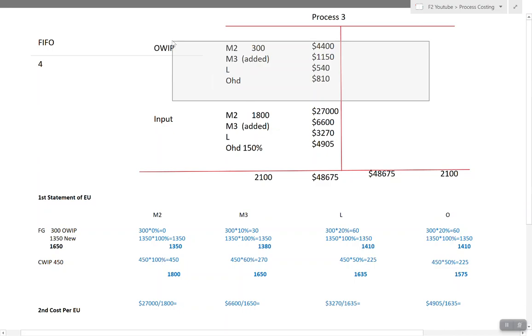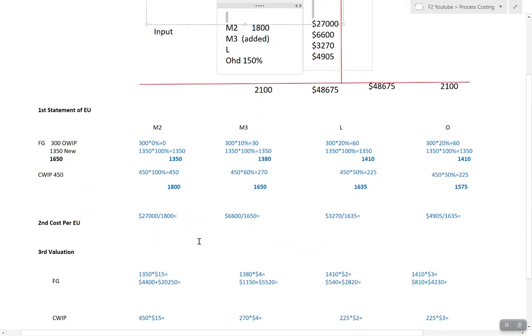So for now, we put this to the side. So when we are calculating cost per equivalent unit, we only take the new cost divided by total equivalent units, which becomes 15, 4, 2, and 3. See, they are exact because this question was actually for FIFO method.